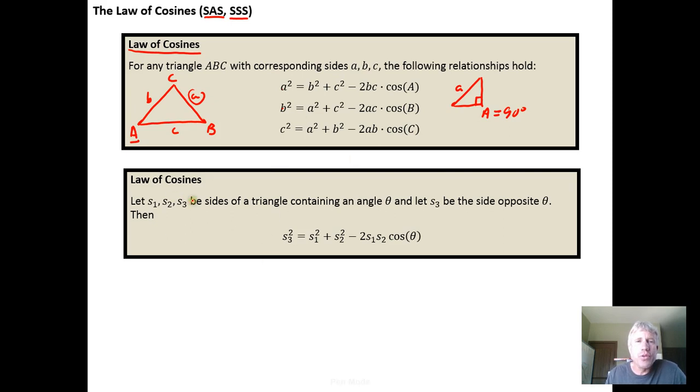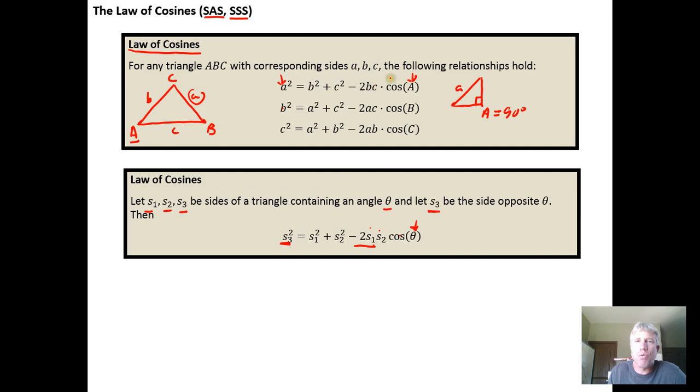There is an alternate formulation that you'll see in some textbooks where you just say, let S sub 1, S sub 2, S sub 3 be sides on a triangle that has an angle theta, and let S sub 3 be the side that is opposite theta. And then you get this formulation. The side opposite the angle, squared, equals the sum of the squares of the other two sides, minus 2 times side 1, side 2, cosine theta.